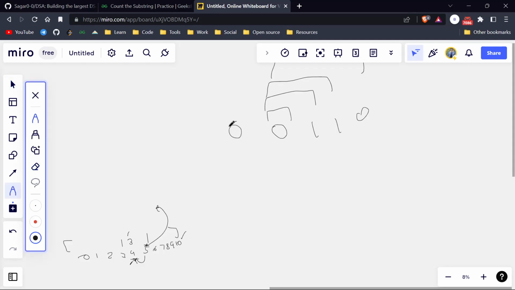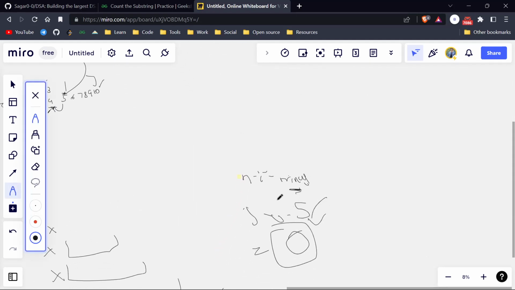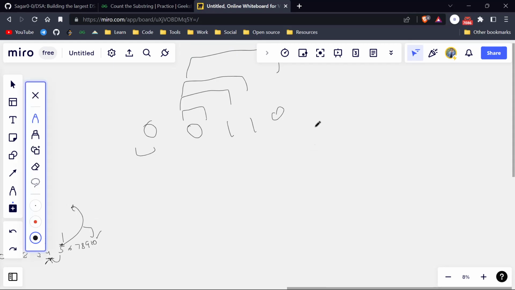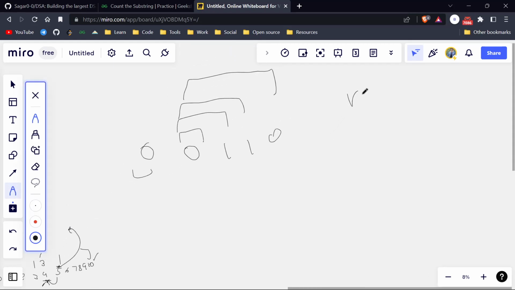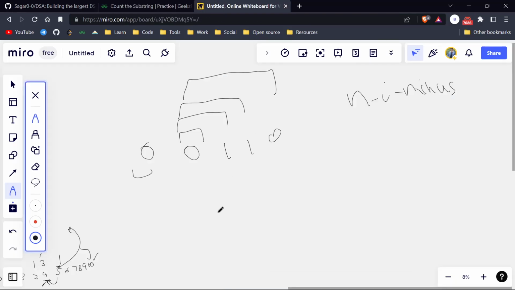So here was a 0 that we have to subtract from our minus value. So initially the minus value is 5 and n is also 5. So now we have to check for this n minus i minus 1 minus value. So every time we are increasing minus, and we also have to store it in our DP.